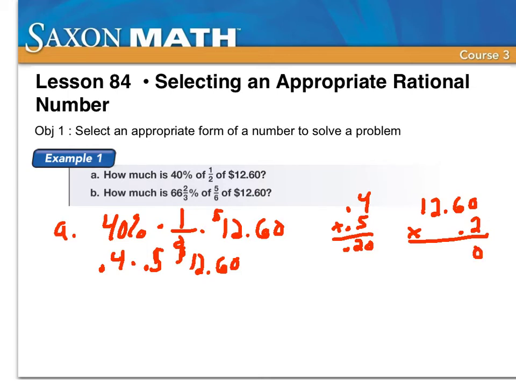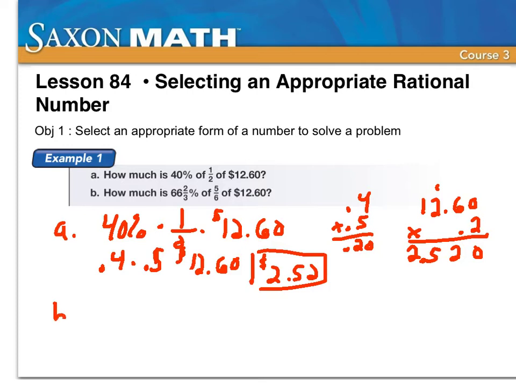Well, 0 times 2 is 0, 6 times 2 is 12, 2 times 2 is 4, plus 1 is 5, and then 2 times 1 is 2. And I need 1, 2, 3 decimal places, so that goes right here. So I got 2.520. Now I want to make sure I write my answer as money, so I need 2 decimal places here. So it's going to be about $2.52.